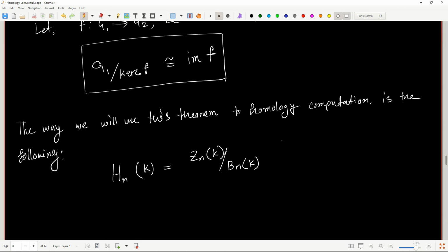So similarly, the homology group is nothing but the image of the homomorphism. So we write it as Zn of K mod the kernel of F, which is just the image of F according to this fundamental theorem of homomorphism. So in summary, we can write it as this.